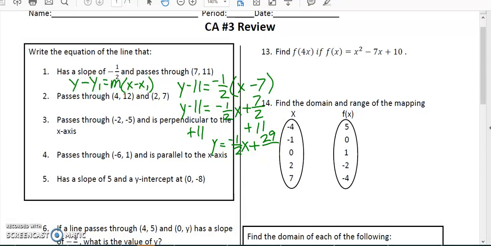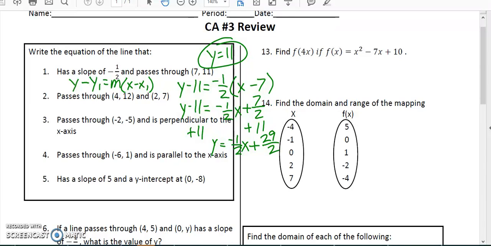plus... I don't have time to go through the details, but that's how you would generate an answer in slope-intercept form. Now, had this said has a slope of 0 and passes through that point, then the line would be horizontal, and you just do y equals 11. Obviously, if it were parallel to the x-axis, it would be horizontal, and therefore you just do y equals 11.